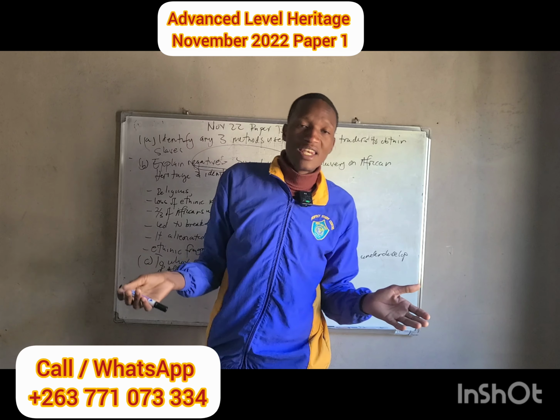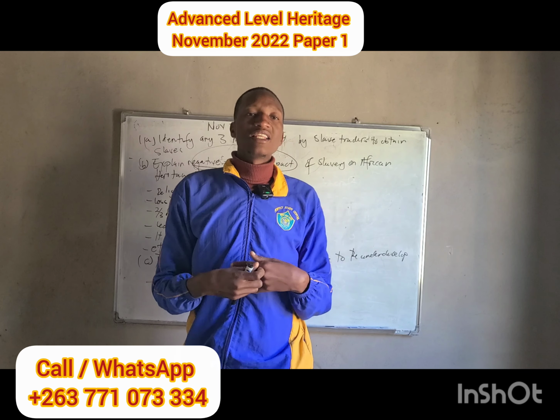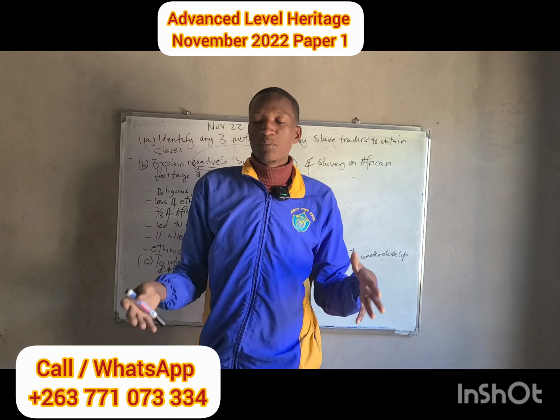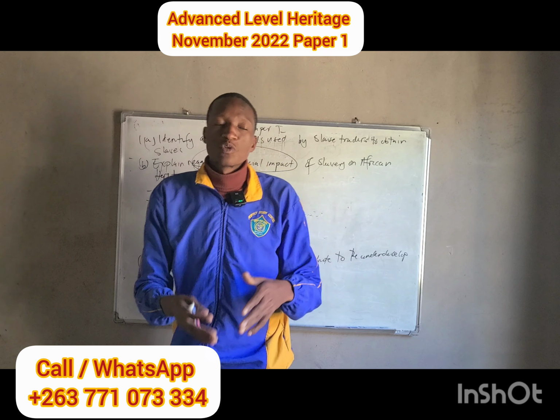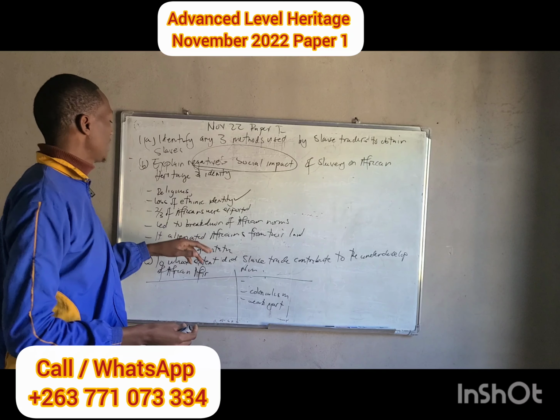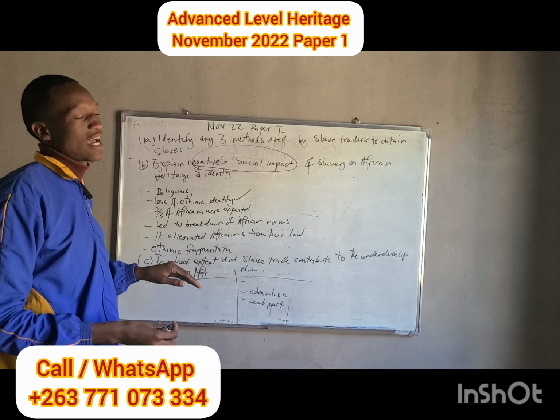For example, here in Africa we know that we always respect our parents, but in Europe you can be told that you have the ability to sue your parents. So it means that your African identity, your cultural norms and values, are affected.